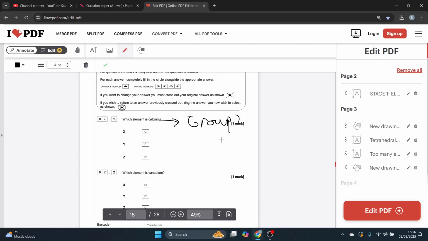Group 2. Vanadium is in group... vanadium is in group... which is in period 3.